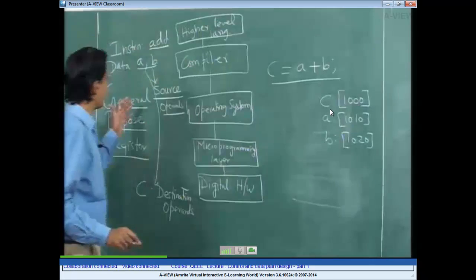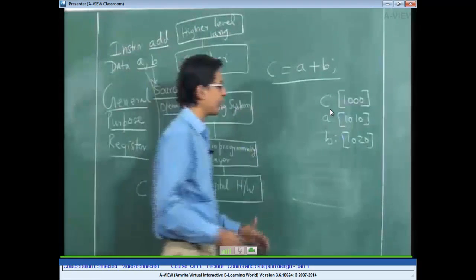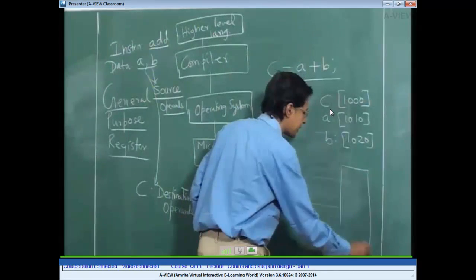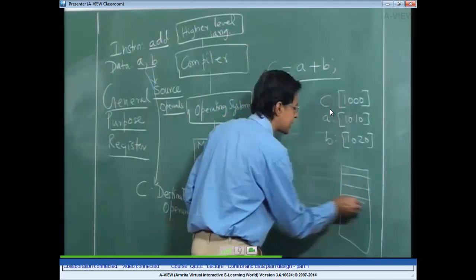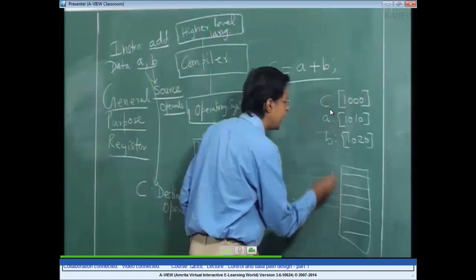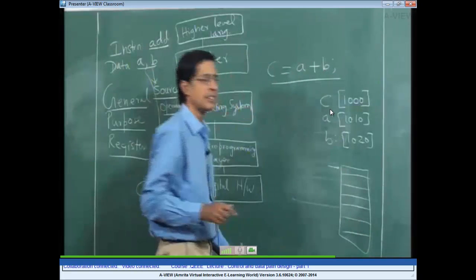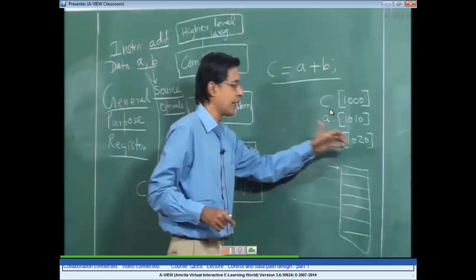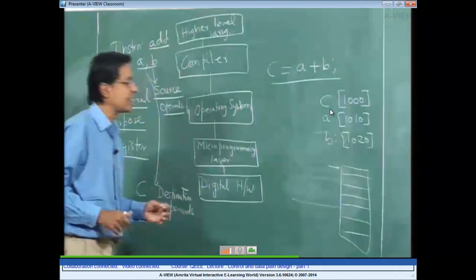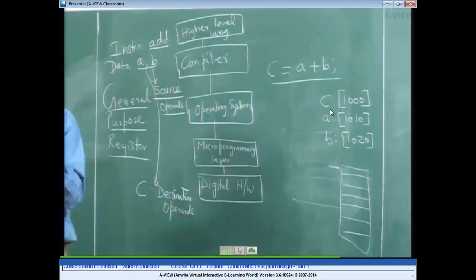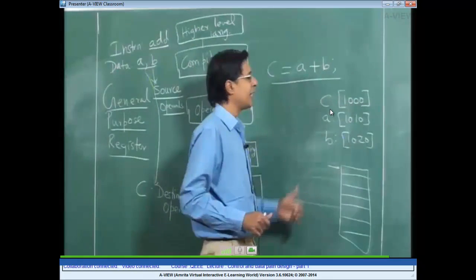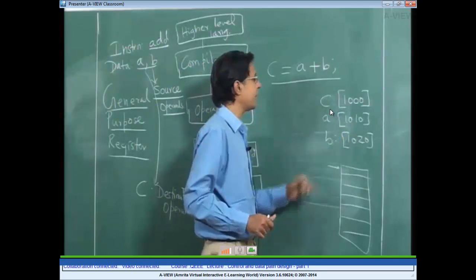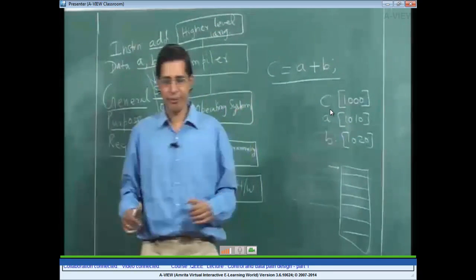So the random access memory that we talked of essentially has different locations, and each location has an address like 1000, 1010, and in each address an instruction or a data can be stored. Now let us assume that C is stored in 1000, A is stored in 1010, B is stored in 1020.